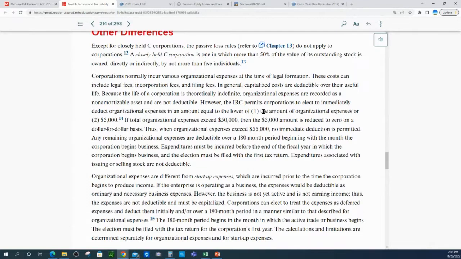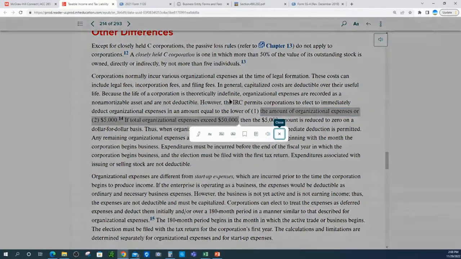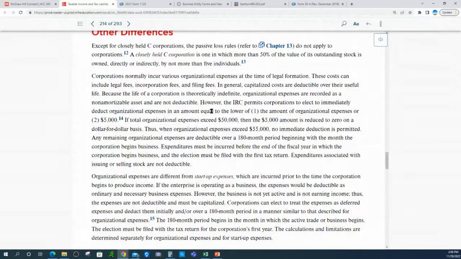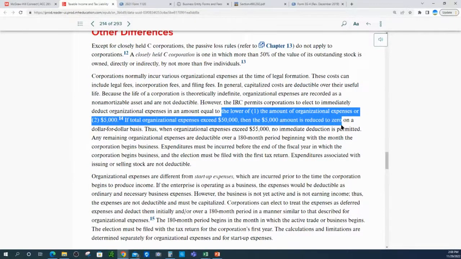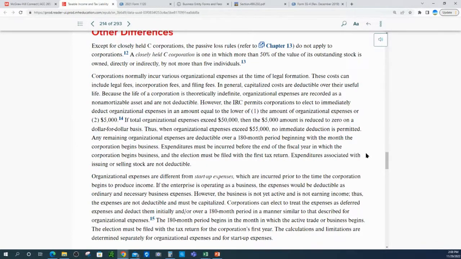So you get to take up to the lower of the amount of organizational expenses or $5,000. The rest of it you have to amortize over a 15-year period. If the organizational expenses exceed $50,000, however, then that $5,000 is reduced to zero on a dollar-for-dollar basis.